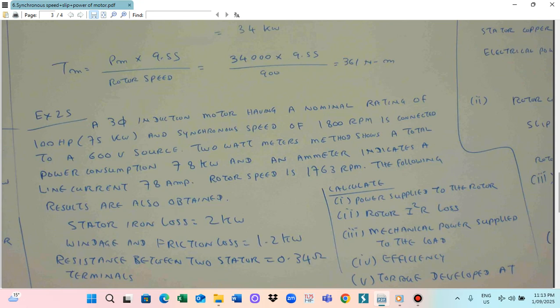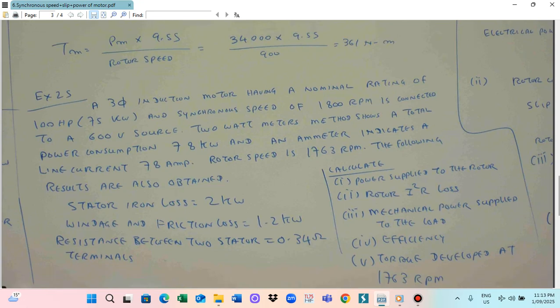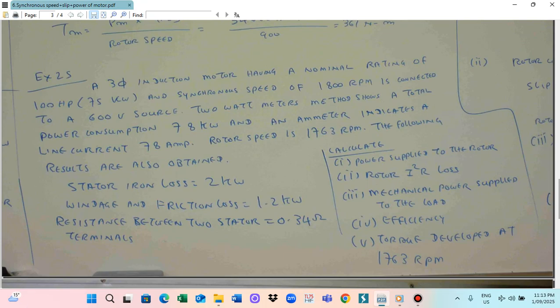Now this problem is a 3-phase induction motor. The nominal rating is 100 horsepower, which is 75 kilowatt, and synchronous speed is 1800 RPM. It is connected to a 300 volt source. We use the 2 wattmeter method to measure the 3-phase power.